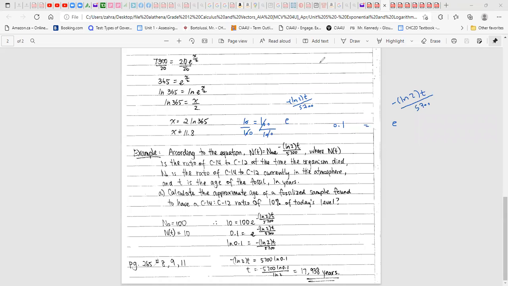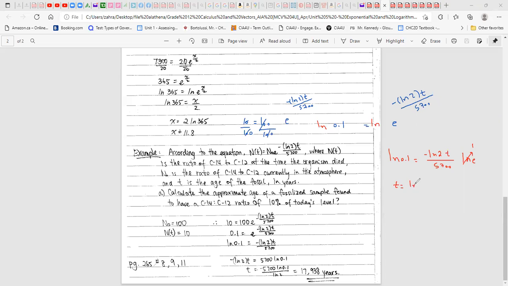Okay, I'm going to put ln in front of both sides. So here the power comes in front. So ln of 0.1 equals, I can bring the power in front, negative ln 2 t divided by 5,700 ln e. Ln e is 1, so I just rearrange for t.